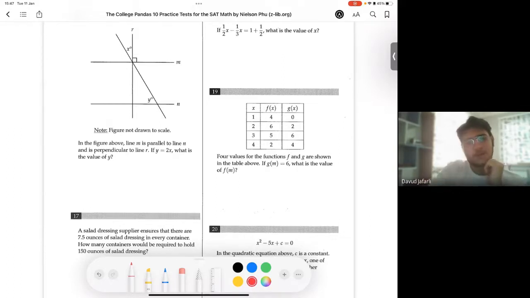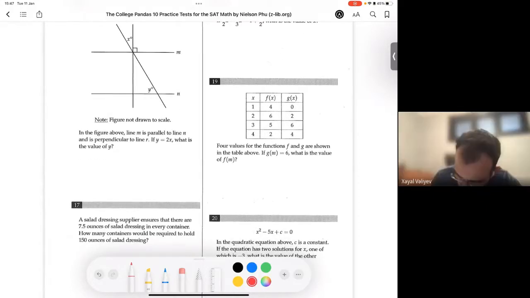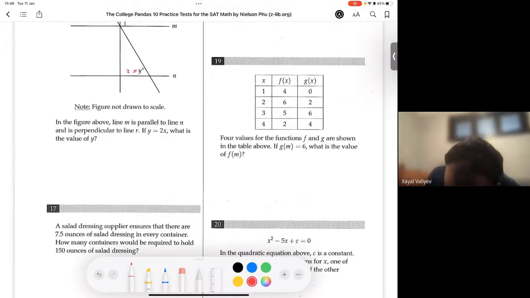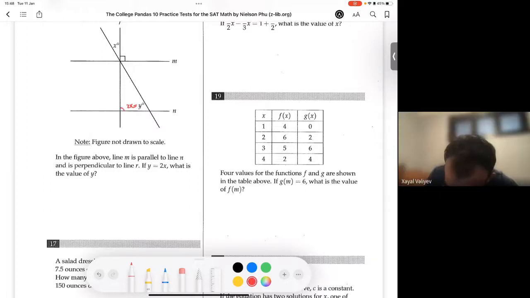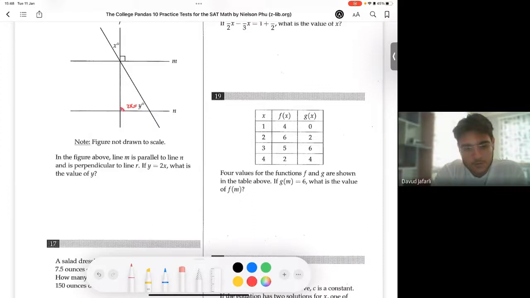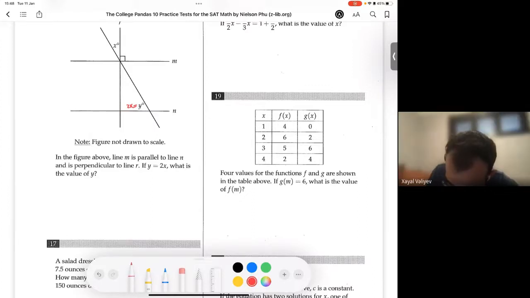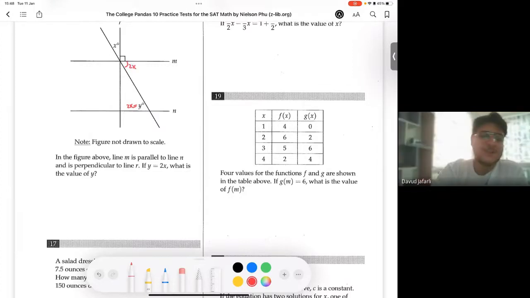Can you please write there 2x? Y equals 2x. It means that this side will be 2x too, like that, because this side... not perpendicular, like near to the angle.